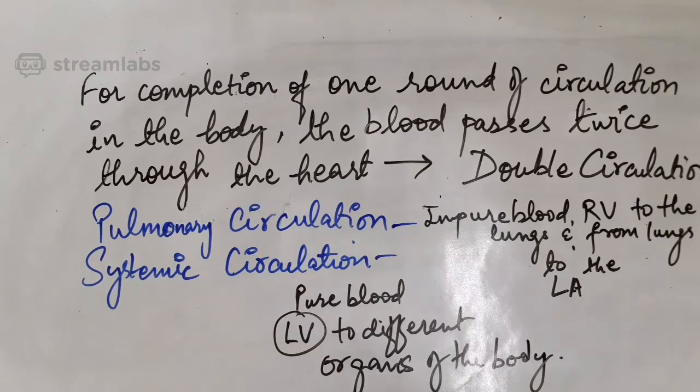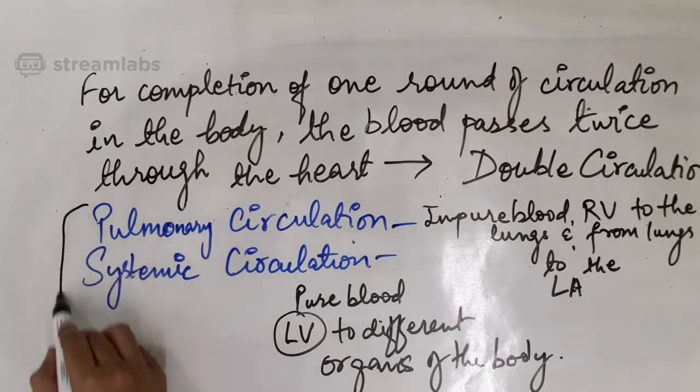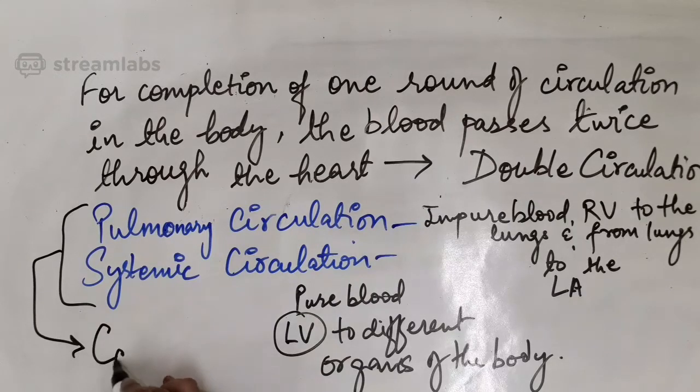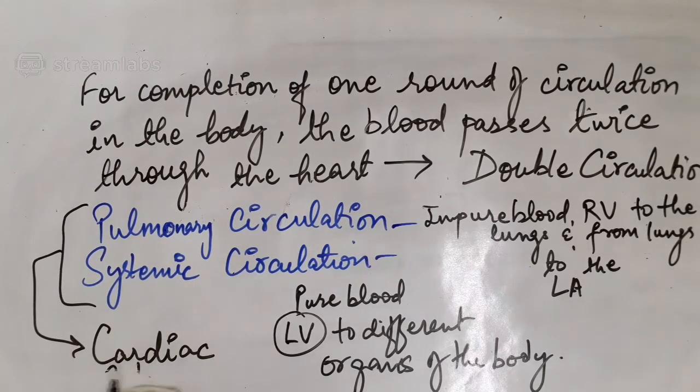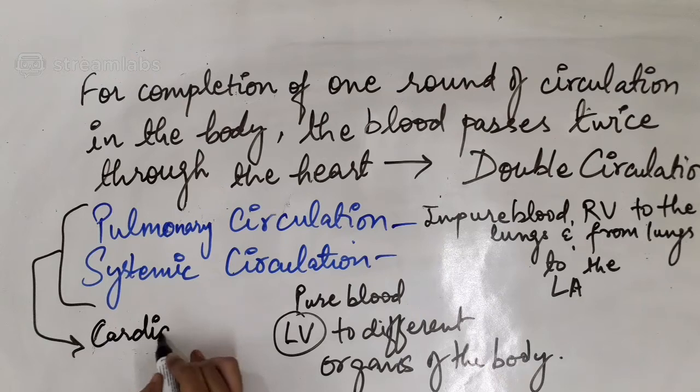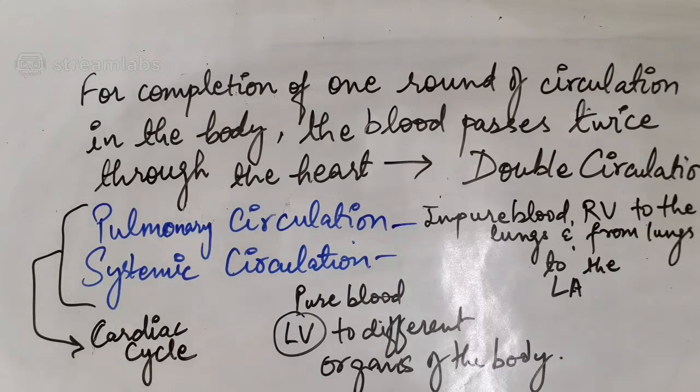These two are termed the cardiac cycle: pulmonary circulation and systemic circulation are the rhythmic contraction and relaxation of the heart muscles, or cardiac muscles, together constituting the cardiac cycle.